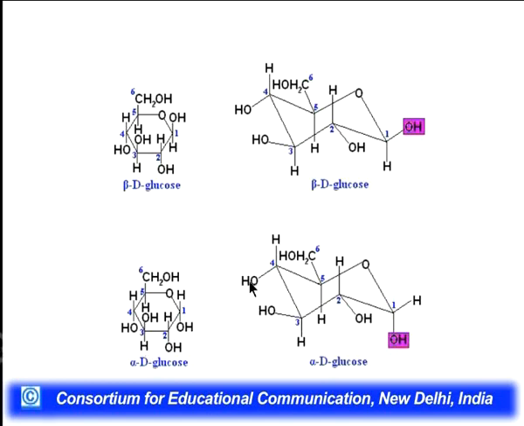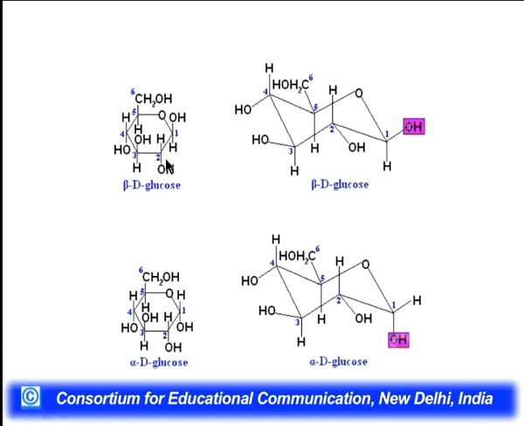Now when I talk of anomers, alpha D-glucose and beta D-glucose are anomers, that is, they differ in configuration at the anomeric carbon. Whether the OH will be on the top side or on the bottom depends on which face the oxygen is attacking.